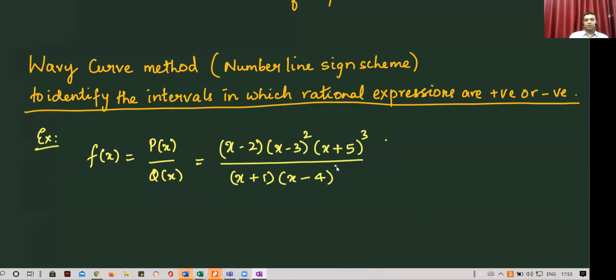No, I'll say whole power 5. All right, now this is a polynomial. It looks very complicated.